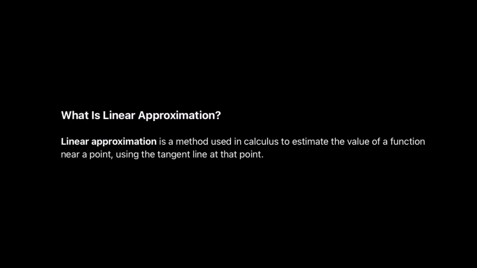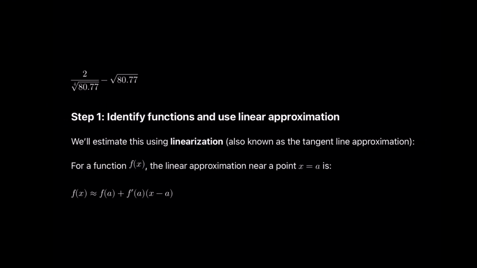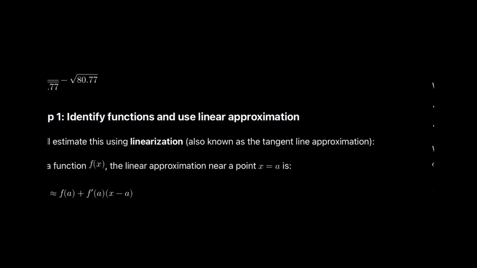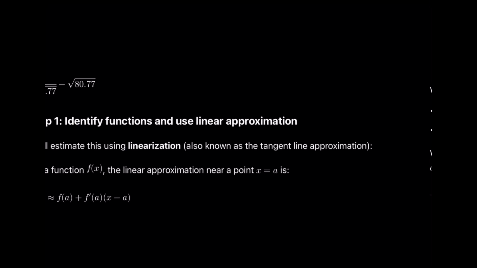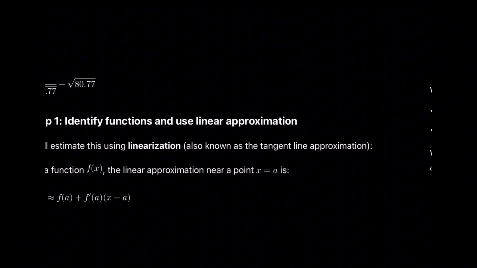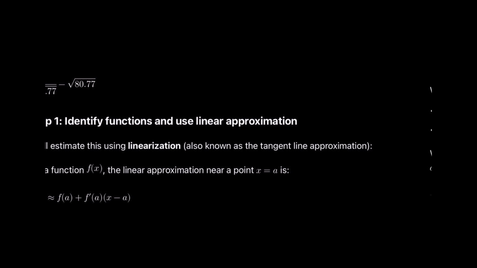What is linear approximation? Linear approximation is a method used in calculus to estimate the value of a function near a point using the tangent line at that point. From the question, 2 over the fourth root of 80.77 minus the square root of 80.77. The linear approximation near a point x equal to a is f(x) almost equal f(a) plus f prime(a) multiplied by (x minus a).